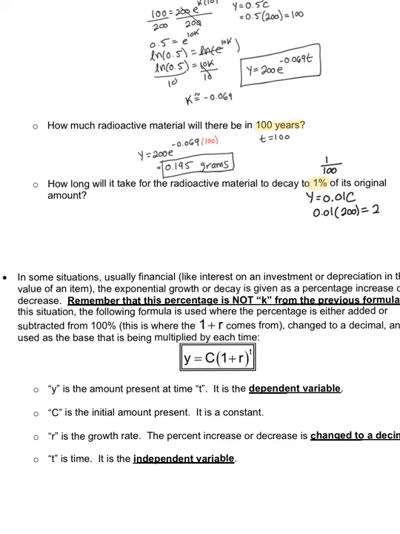So I'm going to substitute that into my equation. So I've got 2 for y equals 200 e raised to the negative 0.069 t. So the variable that we have left over is t, and that's what we're going to be solving for. So I'm going to divide both sides by 200. 2 divided by 200 is going to give us 0.01. Okay, and then to get that exponent on the same level as everything else, we're going to take the natural log on both sides.